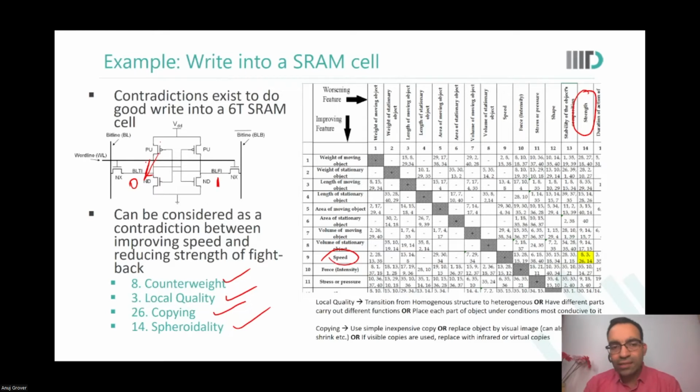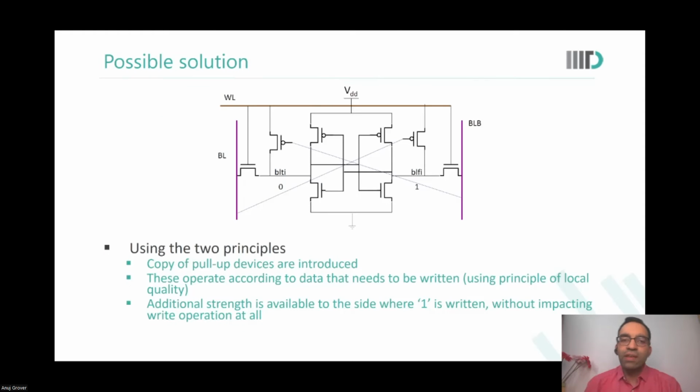Now, just like in the last example, not all principles will give you solutions. So I picked up 2 principles, local quality and copying. By using these principles, we added 2 additional PMOSs here, which give additional strength. To write a 0 into this memory cell, you take this node to 0 and continue with this node at 1.